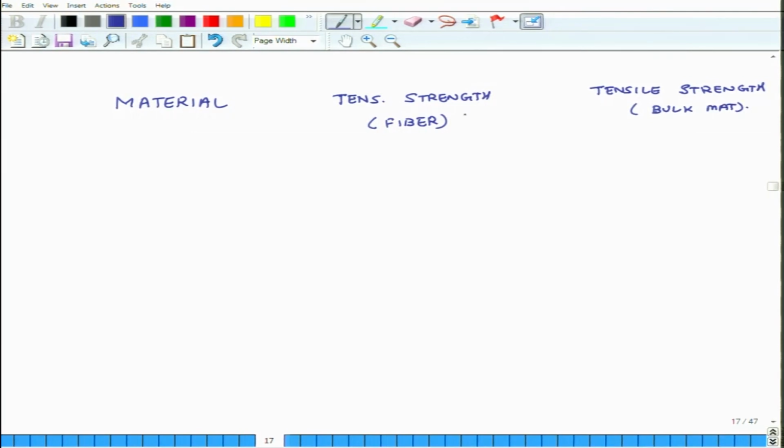Both these tensile strengths, what are the units? The units would be, let us say, gigapascals, GPa.